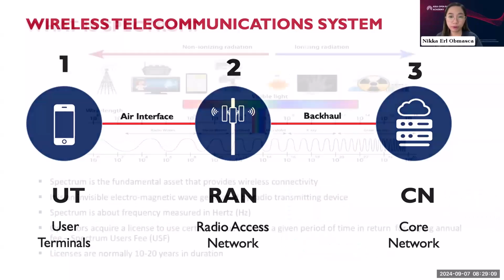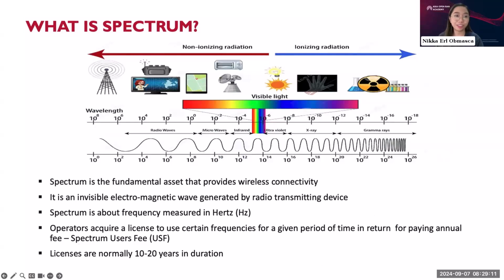Okay, moving forward, we have what we call the electromagnetic spectrum. So we are very familiar with this, right? These are things that we use every day. Kung gumagamit kayo ng microwave, TV, radio, so itong electromagnetic spectrum na to, lagi natin itong ginagamit.